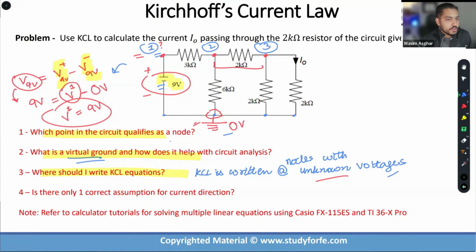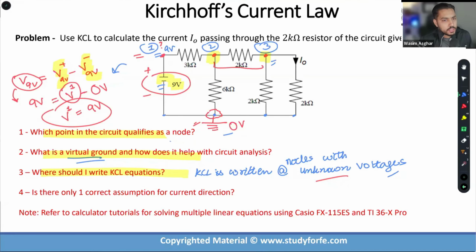So coming back to our question, do we need to write a nodal equation over here? And the answer is no, we don't, because I already know that this point is 9 volts. So what it leaves me with are these 2 points, these 2 nodes. And just by eyeballing it, without doing any calculation or analysis, I cannot tell you what the voltage at point 2 is.